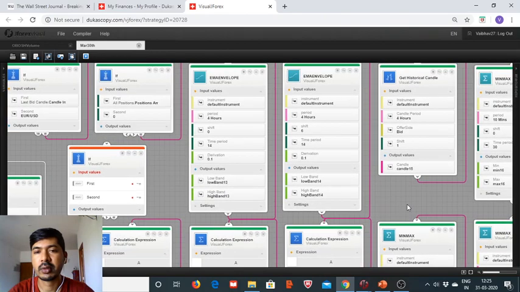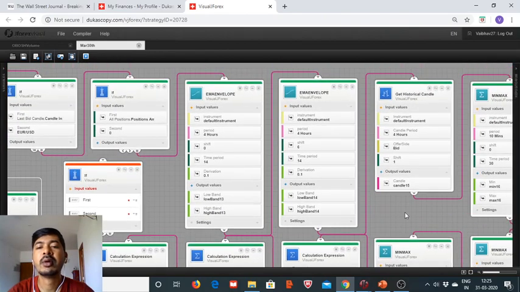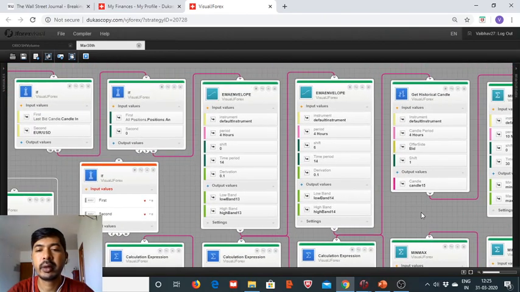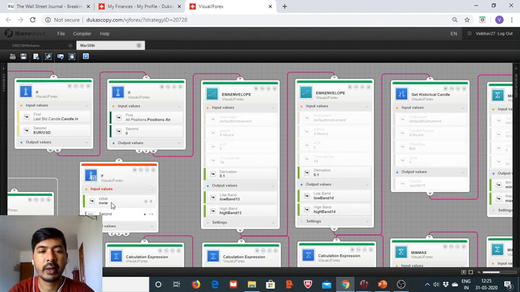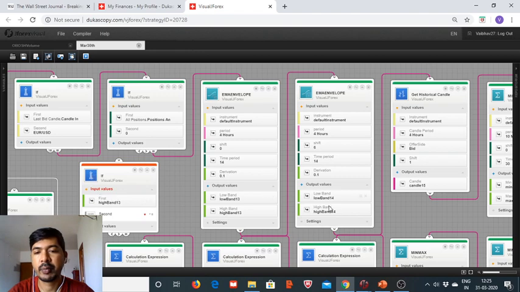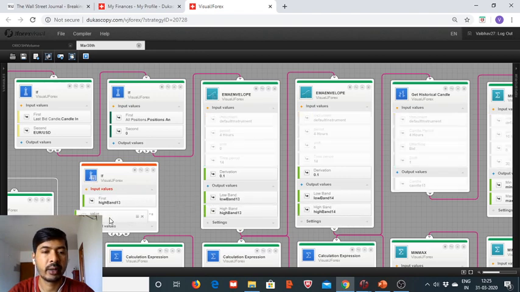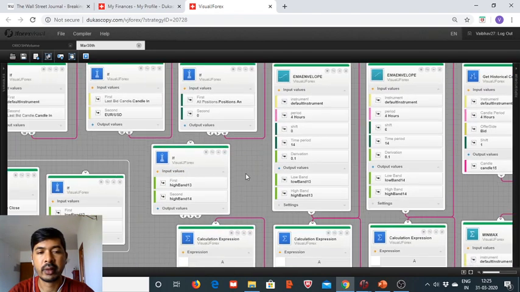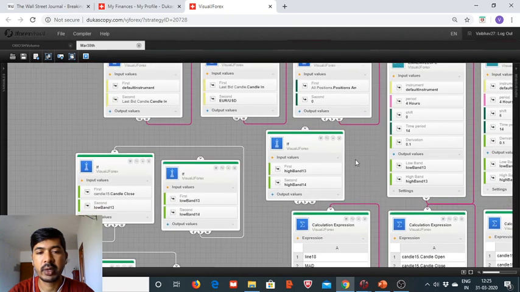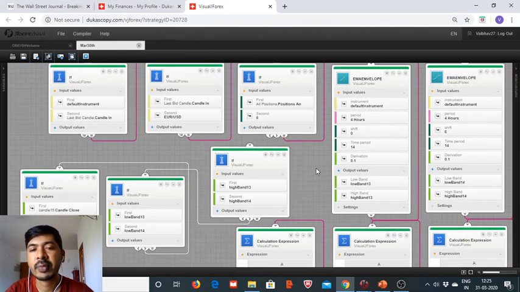the values, and we take this high band and we compare it to the prior high band, and again the requirement is same, it should be higher than the prior band. So far so good.